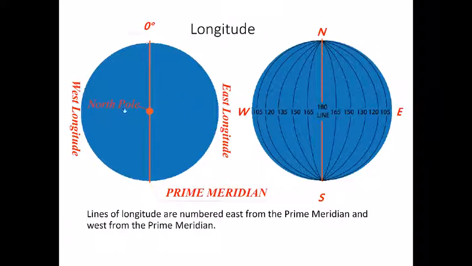Similar to what we had in the case of latitude, northern and southern hemisphere, now we have the eastern side of the prime meridian and the western side of the prime meridian.